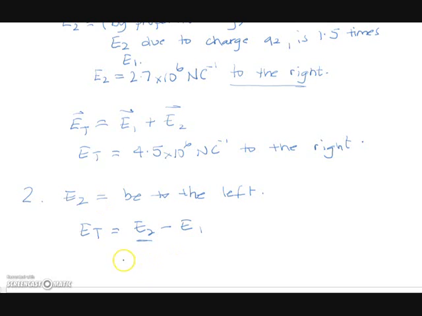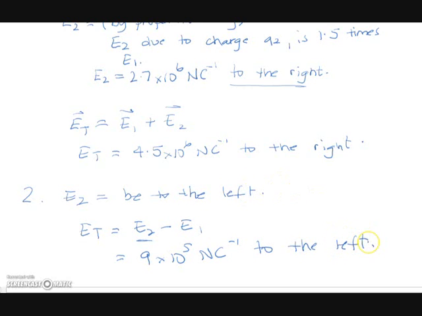If we did that, we would get a new magnitude because we're going in the opposite direction, and that would be 9 times 10 to the 5 newtons per Coulomb. Because E2 is the bigger, we would feel that at point X more than E1, so the net field would be going to the left.